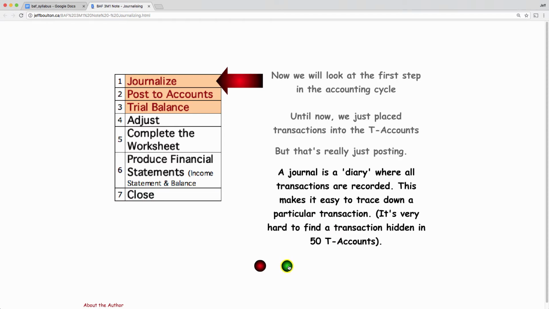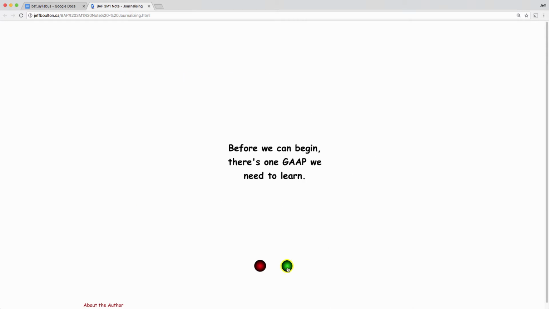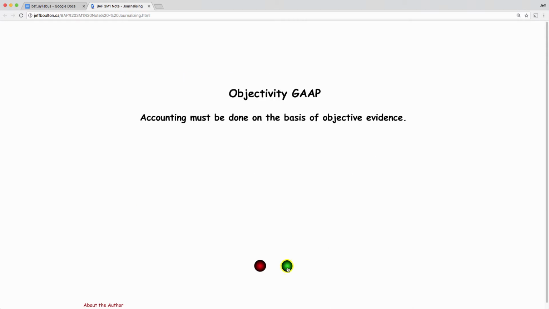Again, you can follow along yourself and read this. I'm not going to read it out loud. But what we want to focus on are a couple of gaps which you may know already, and that's the objectivity gap and the cost gap: when you do record these transactions, you are recording them at the cost to the business at the time, the historical cost. And you need evidence for that, which is usually some sort of document, like a receipt, or a memo even, or an invoice or a bill.